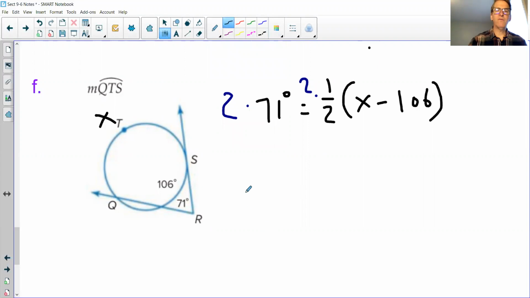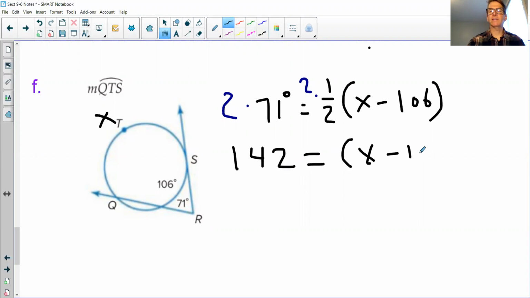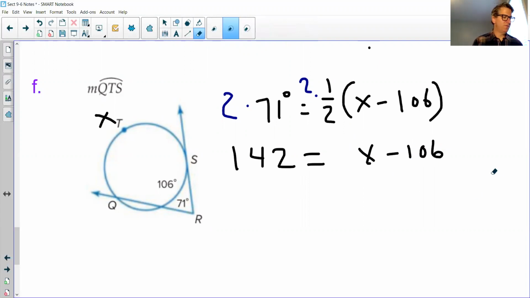Then we'll have 142 on this side is equal to X minus 106. All right, so 142 is equal to X minus 106.